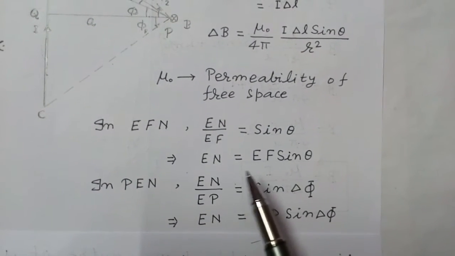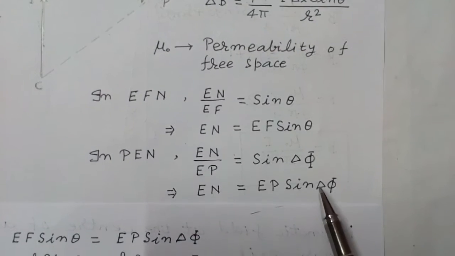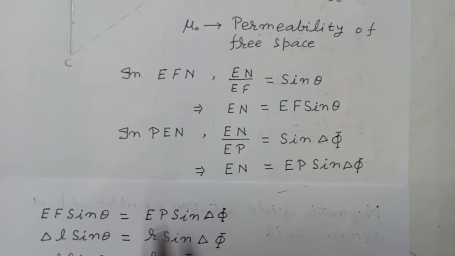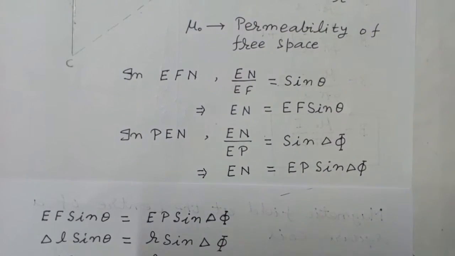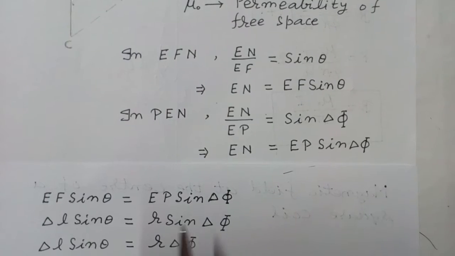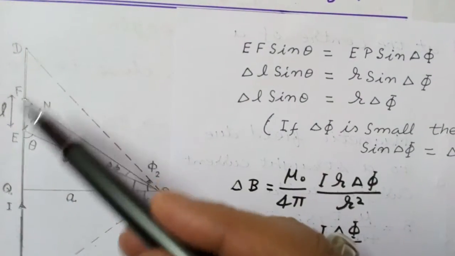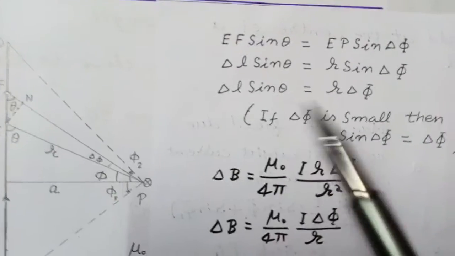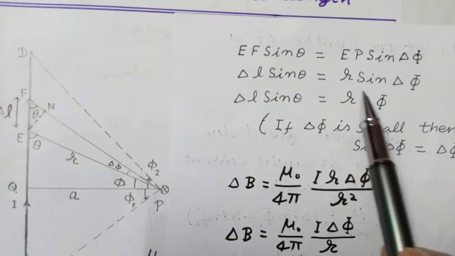Now EN is equal to EF sin theta and EN is equal to EP sin delta phi. So EF sin theta is equal to EP sin delta phi, or delta L sin theta is equal to r sin delta phi, because EF is equal to delta L and EP is equal to r.